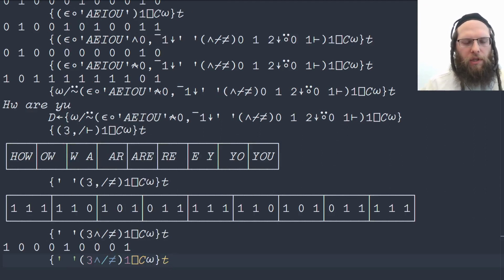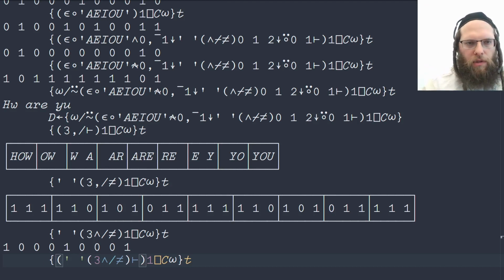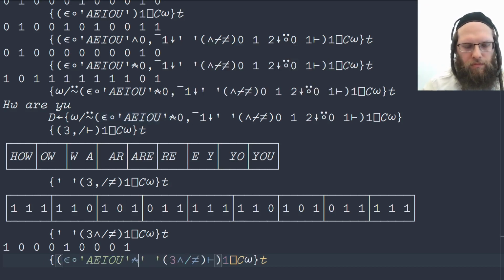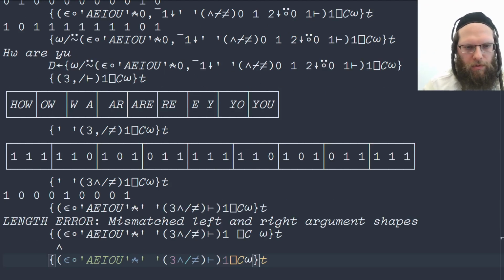And that gives us the mask for which letters are interior letters, which means we can just combine all of this with our way of finding the vowels in exactly the same way. Oops. Oh yeah, of course.